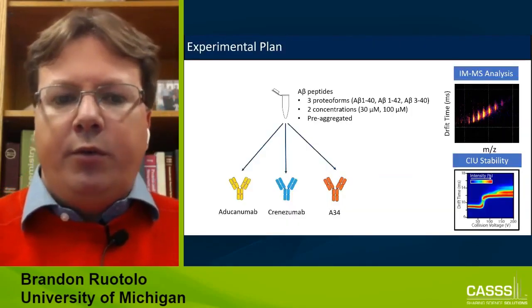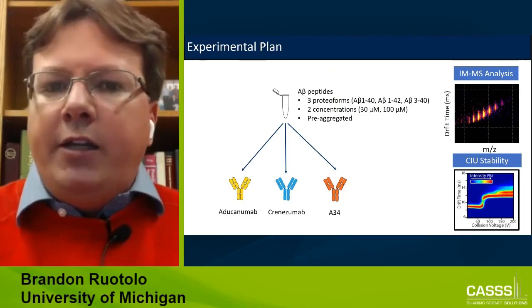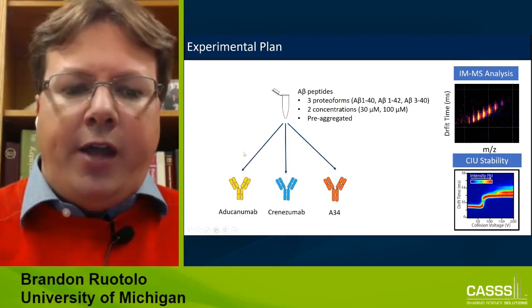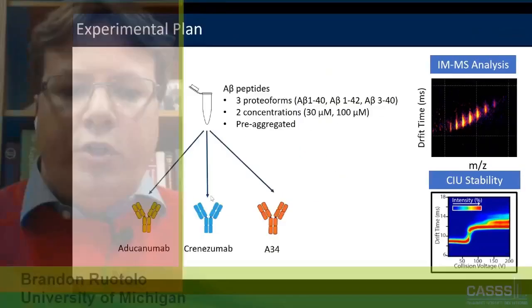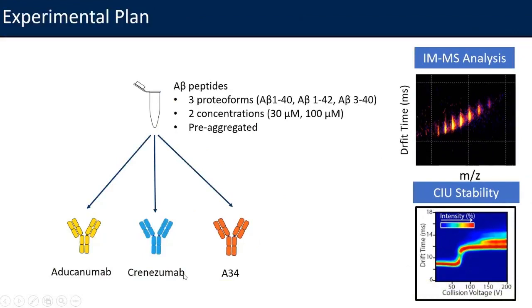So what we're doing here is taking three different antibodies as a starting point: aducanumab, obviously; crenezumab, which is a Genentech product associated with the same type of idea; and A34, an antibody developed by Pete's lab here at UM, where they're trying to mimic aducanumab but improve it slightly.